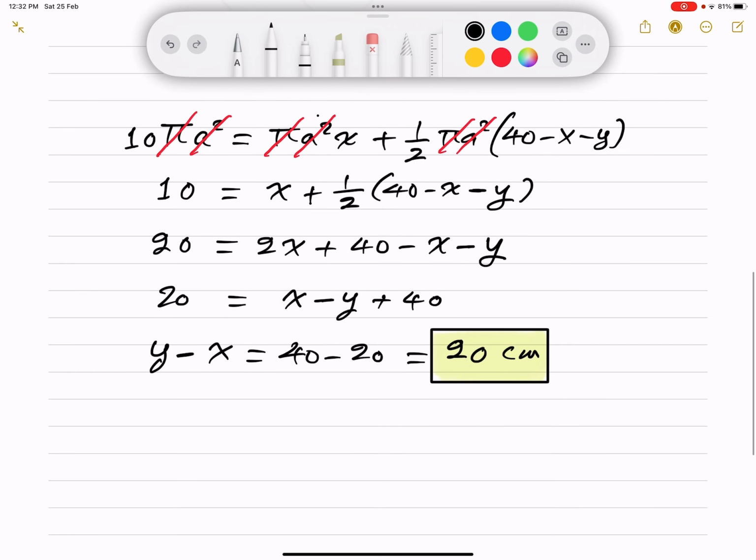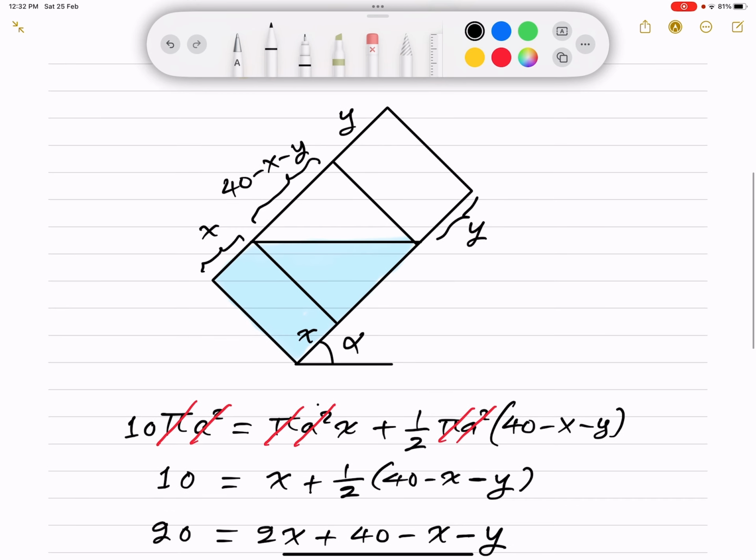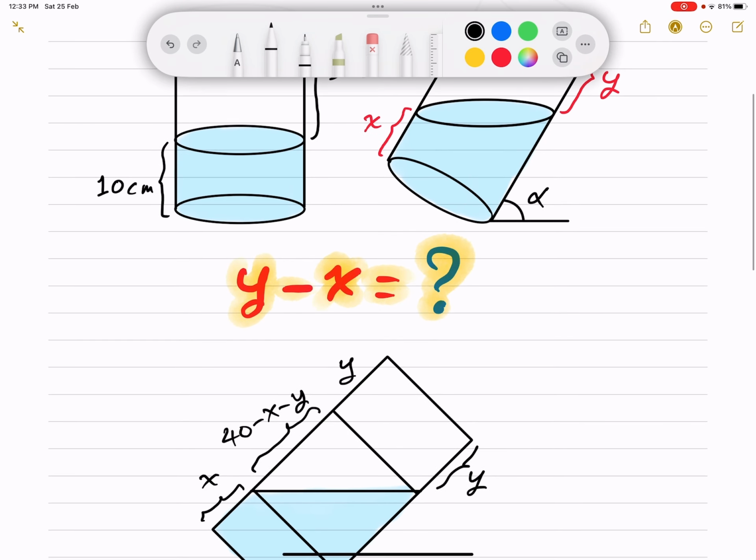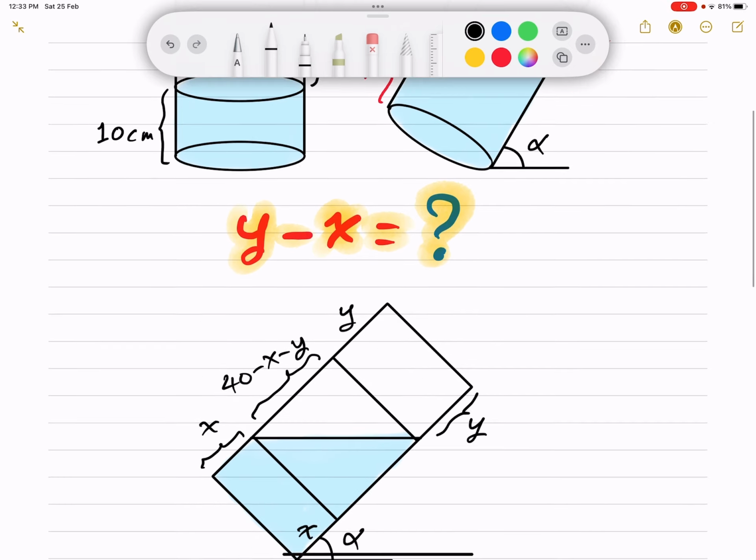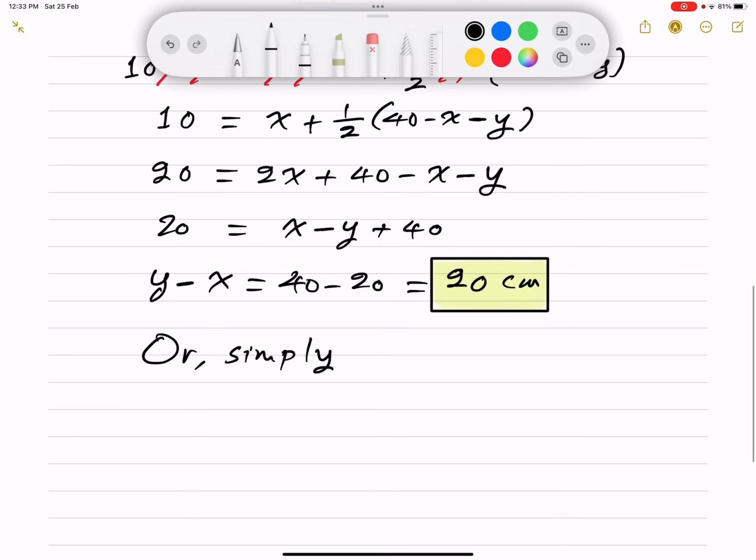We can also do it a different way. We can notice that the original height on the left-hand side was 10, and it was decreased by a particular value. Let's assume it h. So 10 minus h is going to give us x.